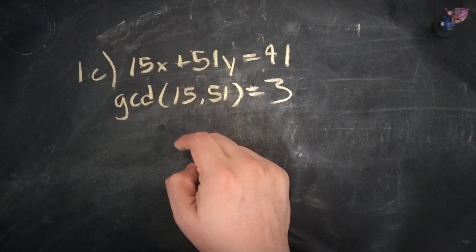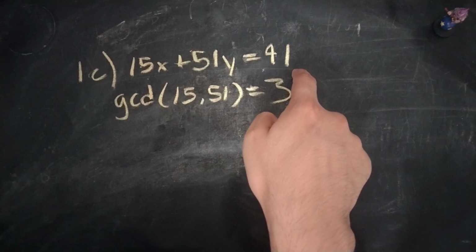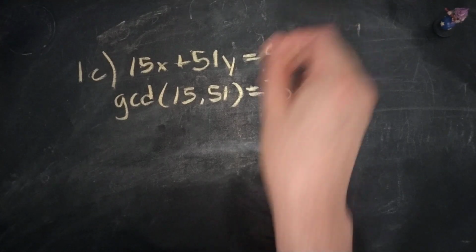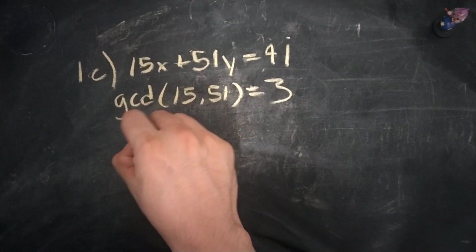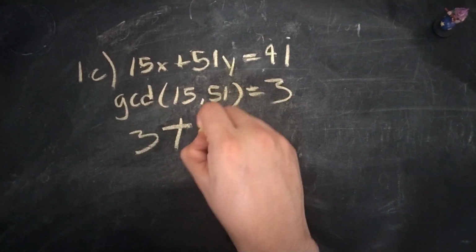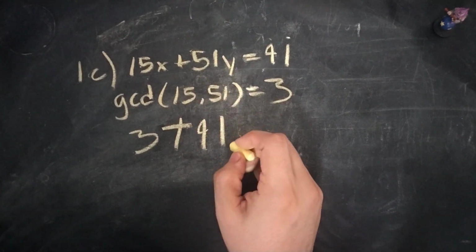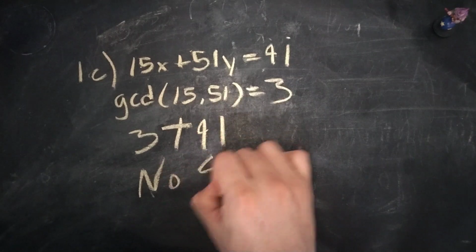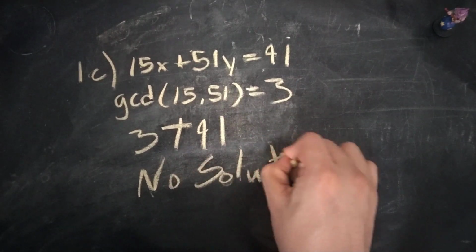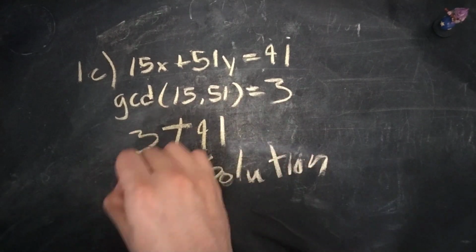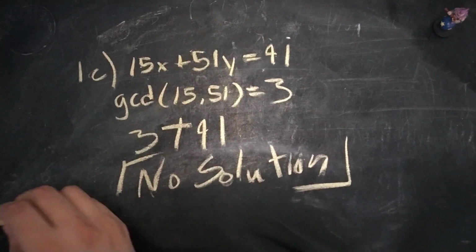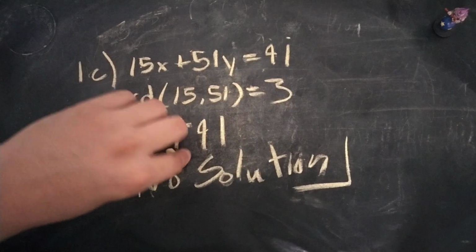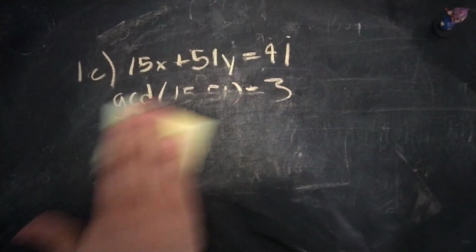Now, does 3 divide 41? As you can see, 4 plus 1 is 5, which isn't a multiple of 3. So 3 does not divide 41, in which case there is no solution. No solution to this problem because it did not meet the conditions needed to have one.